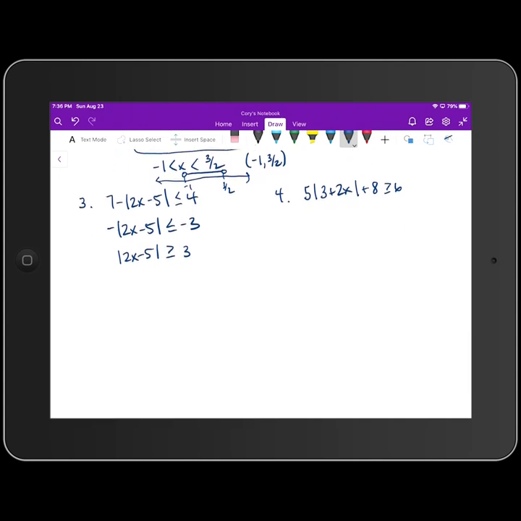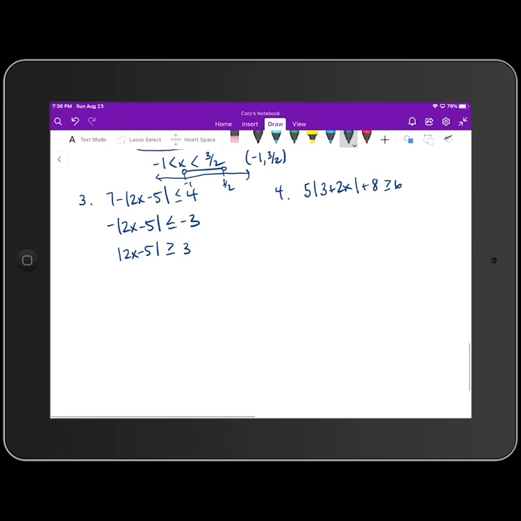So first possibility is what's inside the absolute value bars is positive. If that's the case, I leave the expression alone. So 2x minus 5 is greater than or equal to 3. And then when our sign is greater than or equal to, we're going to separate the two inequalities with the word or.